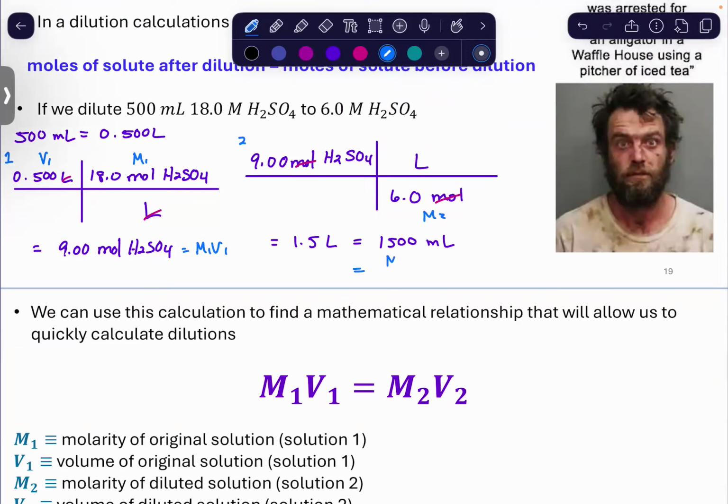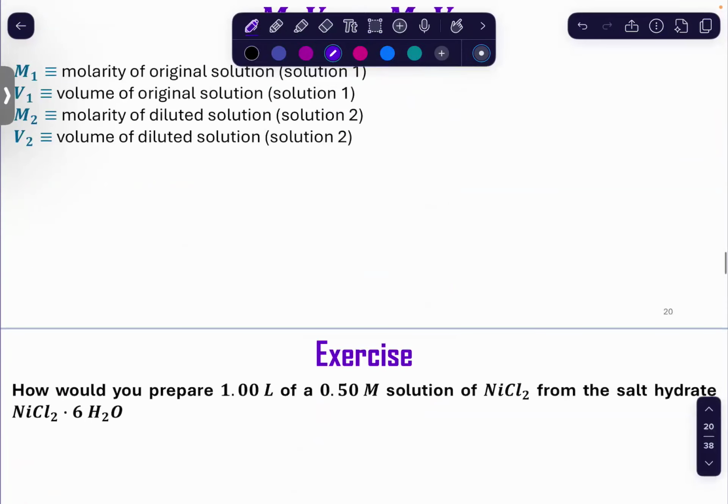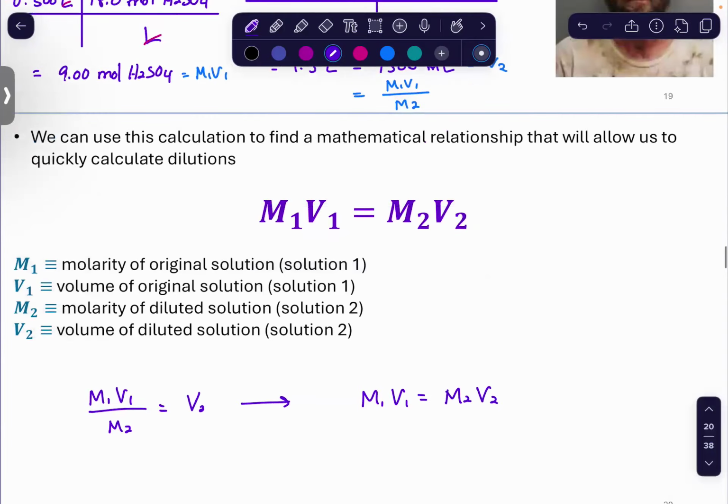And so this will be M1V1 divided by M2. And what we notice is what we get out of that is our second volume. So if M1V1 over M2 is going to equal my second volume, that means I have a relationship of M1V1 equals M2V2.